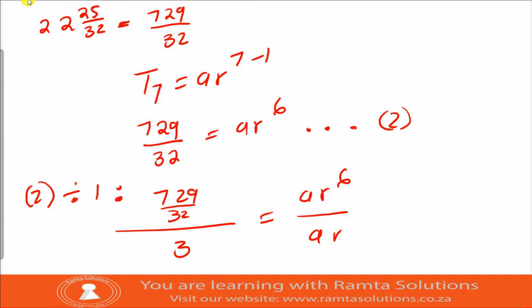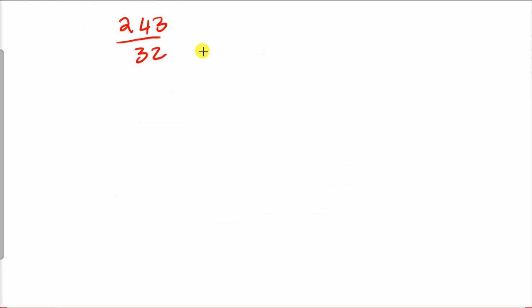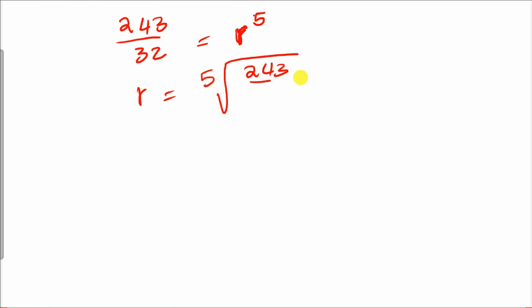Now, this one is out. This one will cancel one of this. I'll be left with 5. So I will then have 243 over 32 equals r to the 5. Now, I then need to do the 5th root of 243 over 32.